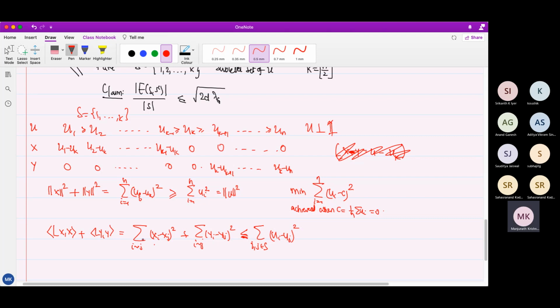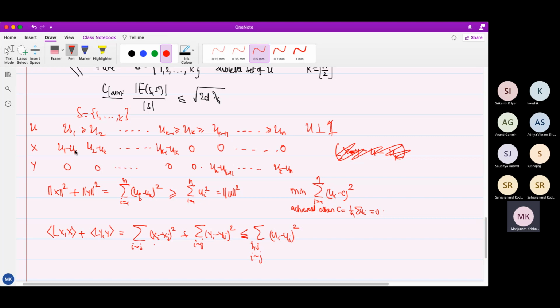Sorry, here these differences are ui minus uj, these are ui minus vj, but when I take this and this, okay, these are positive. So I want to say that this is over all i adjacent to j.